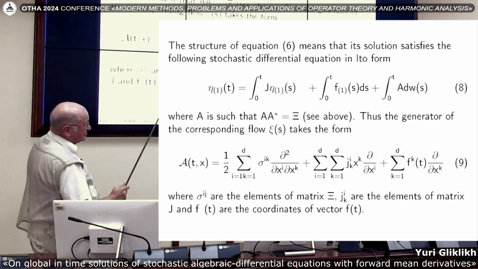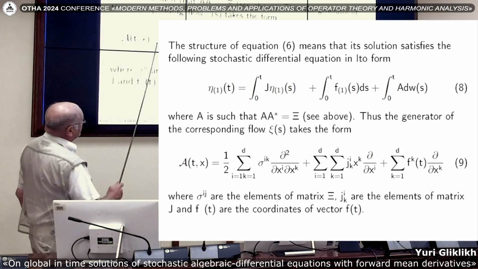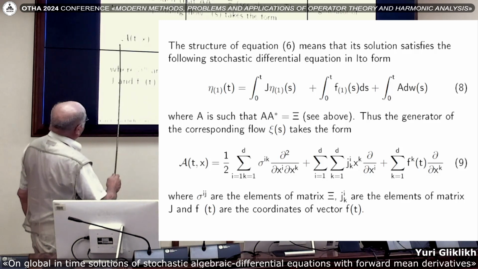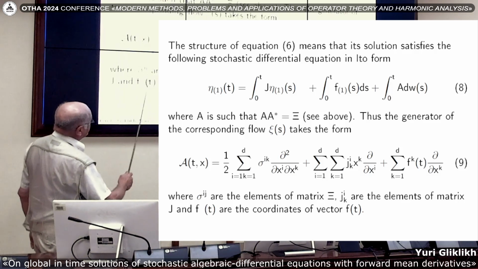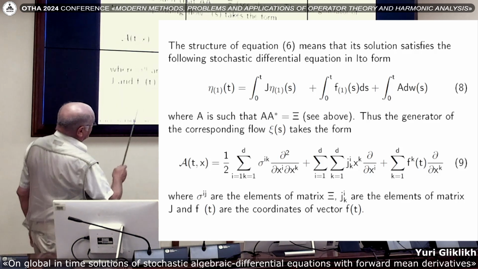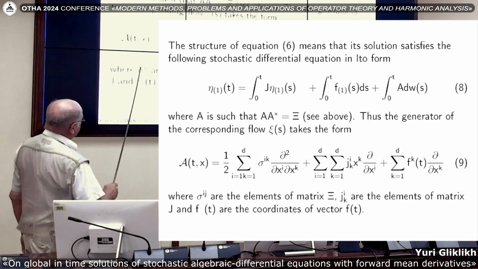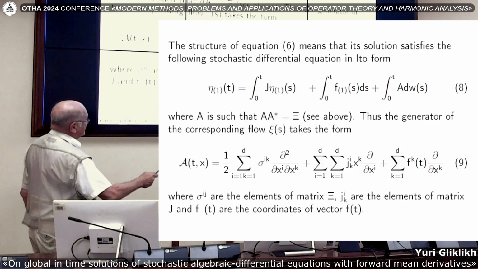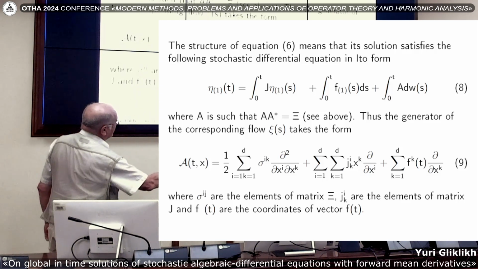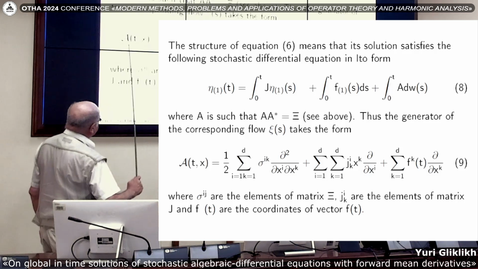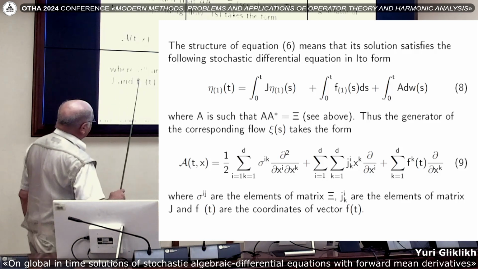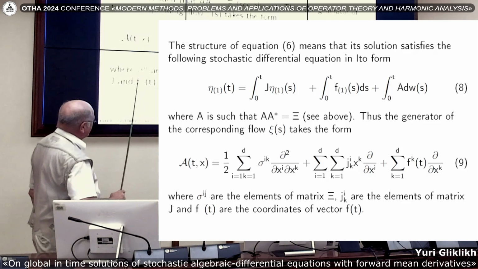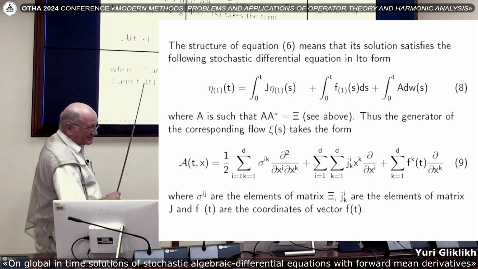This is the generator of this equation, it's very important for us. It can be found explicitly by this formula, where sigma up ij are the elements of matrix Xi, these are elements of matrix J, and F are the coordinates of the vector. Here should be coordinates, sorry.